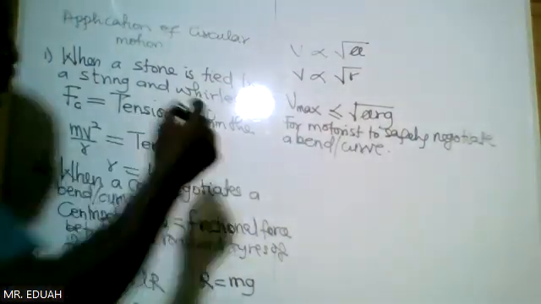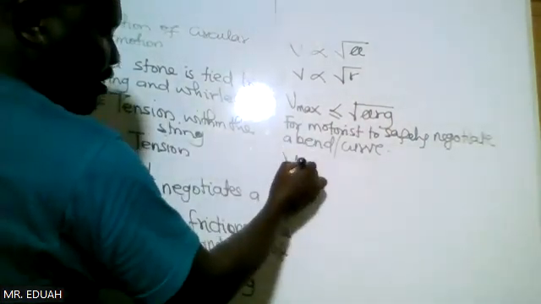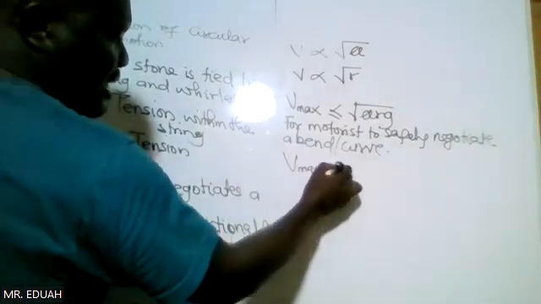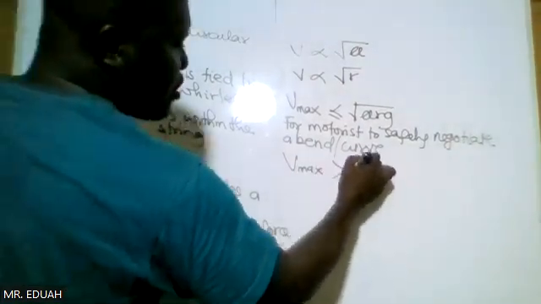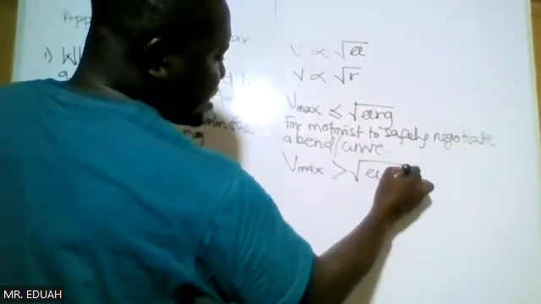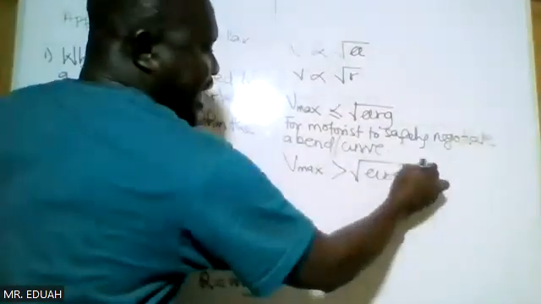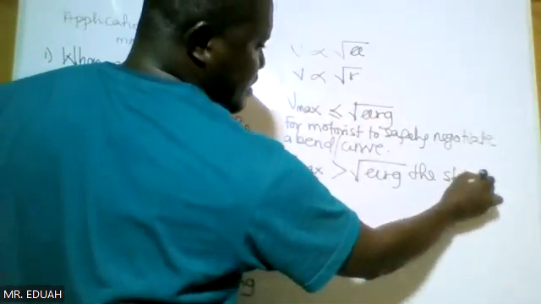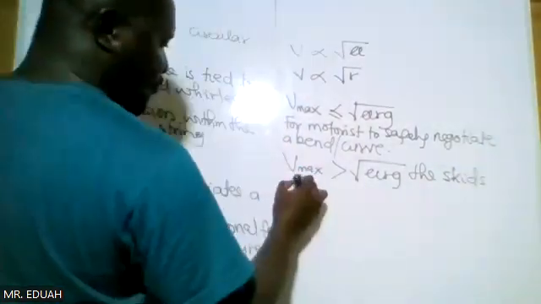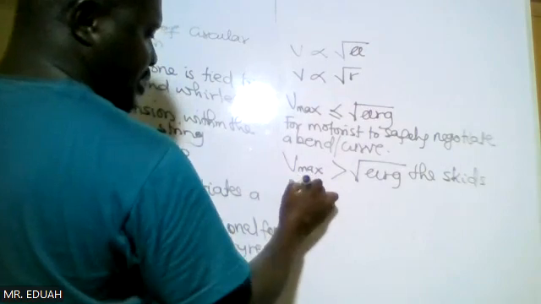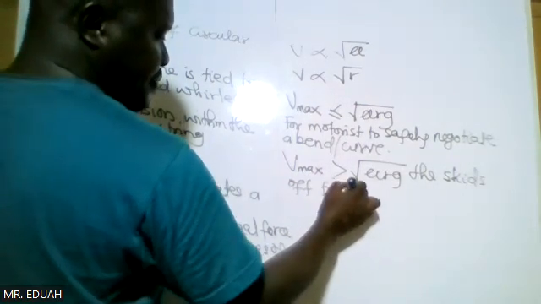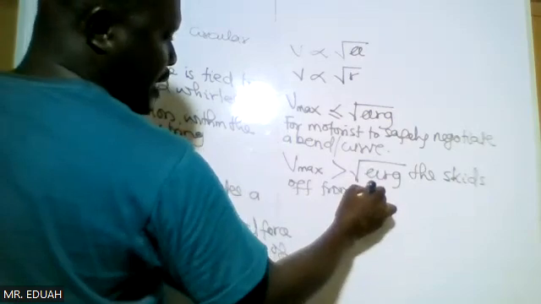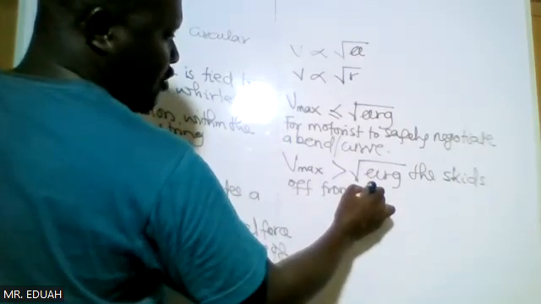If V max is greater than this, the car skids off from the circular path or skips off from the bend.